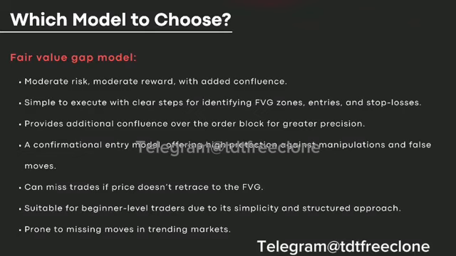Also, with this model, you can miss trades too. If price doesn't retrace back to the FVG that you marked out, you're going to miss out on some trades. Basically it has the same details as the order block model, but with a small added confluence, which is the FVG itself, right? You're not only waiting for an order block, but also for an FVG to be formed before you strike and take an entry.